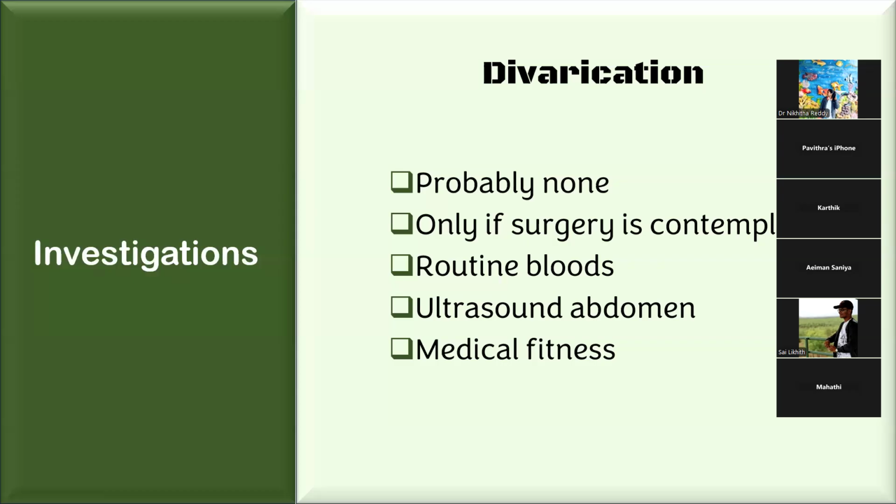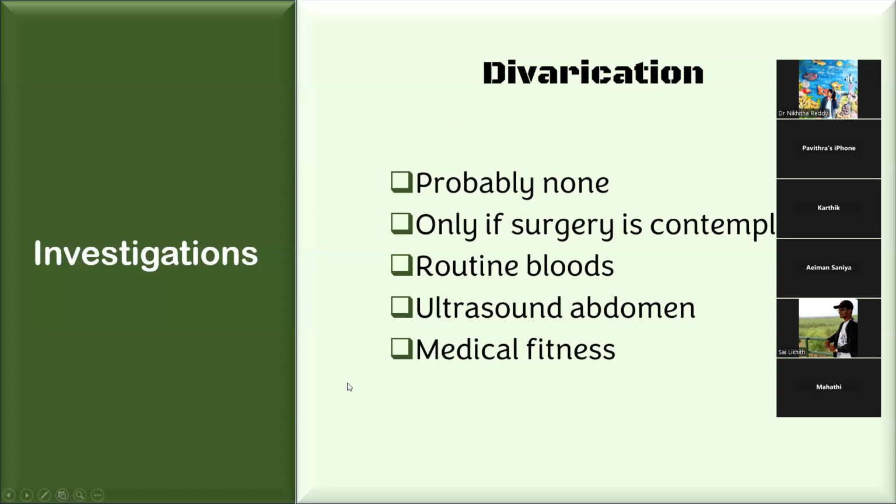You may have gallstones. Not associated, but coexistent with it. That's a more appropriate term. Gynae pelvic problems in women, ovarian cysts and fibroids and things like that. That's what you're looking at.